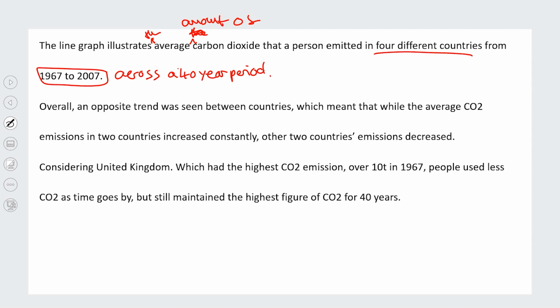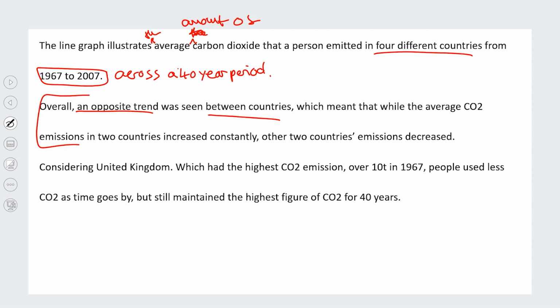Overall, an opposite trend was seen between countries, which meant that while the average CO2 emission in 2 countries increased constantly, 2 other countries' emissions decreased. Okay, so they have picked out the same thing I picked out. I noticed that an opposite trend was seen between countries. I would change that, because it makes me think that between all the countries, everyone had a totally opposite result, which isn't quite true.